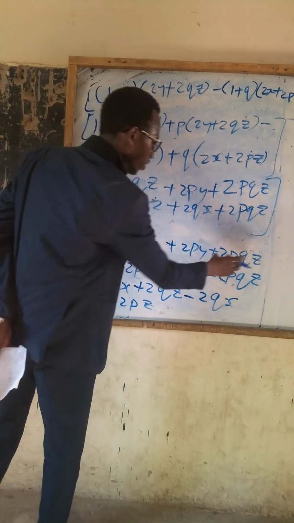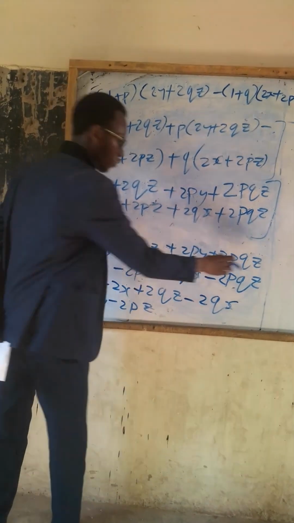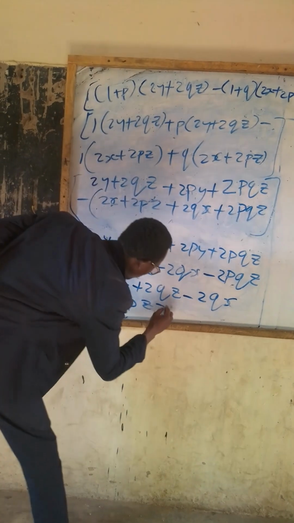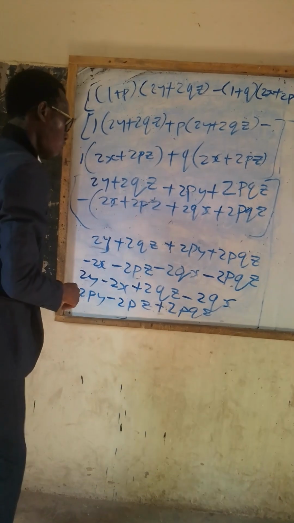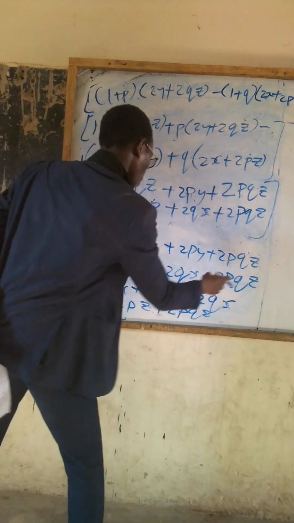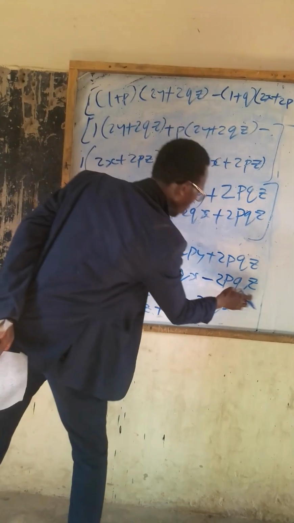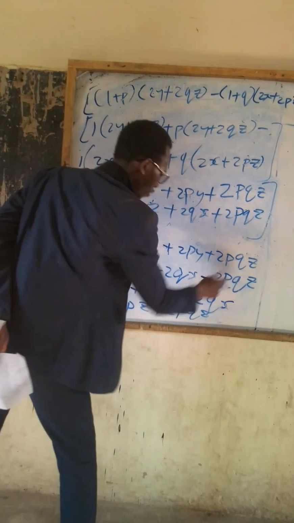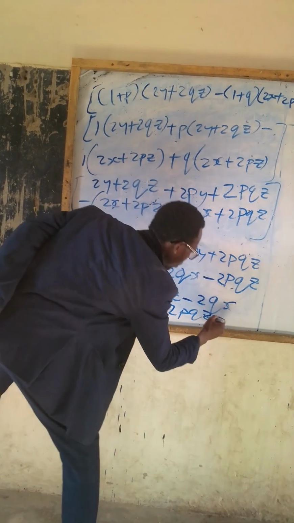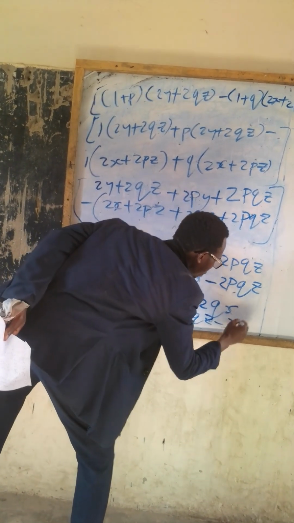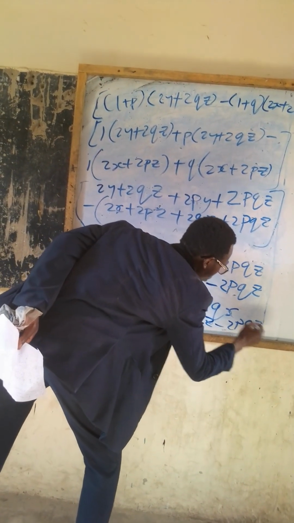So having known that, let's come to this variable. This one I have 3 variables, which is plus 2pqz. So have you seen that? Now let's look for another that has 3 variables. We have one now. We have minus 2pqz.